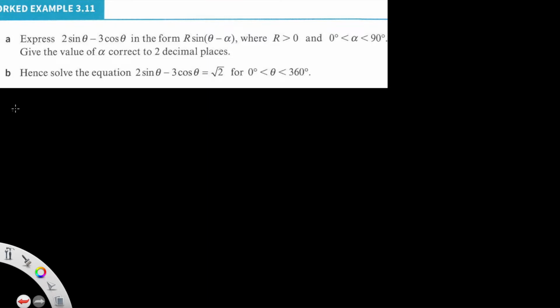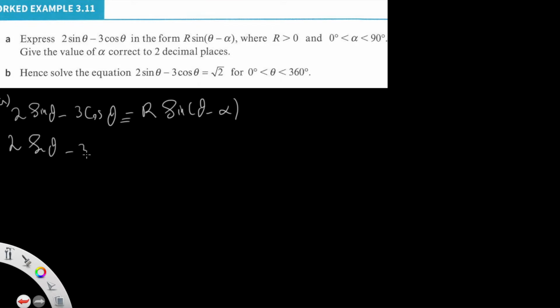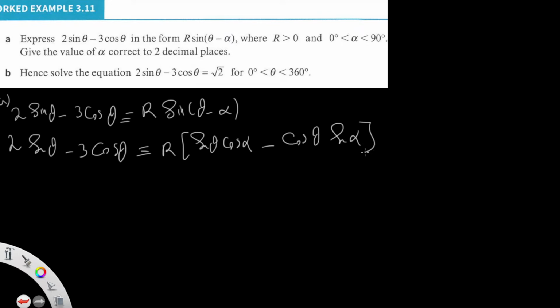Now for part A, 2 sine of theta minus 3 cosine of theta is supposed to be written in the form of r sine of theta minus alpha. So I write the left hand side, 2 sine of theta minus 3 cosine of theta is equivalent to, we know the expansion of r sine of theta minus alpha, it will be sine of theta cosine of alpha minus cosine of theta sine of alpha.